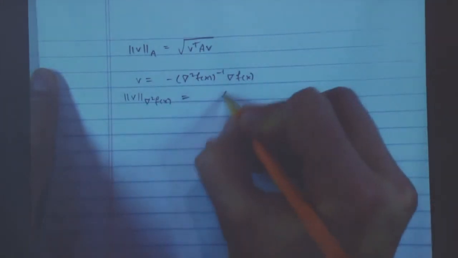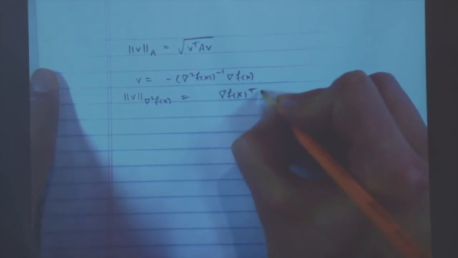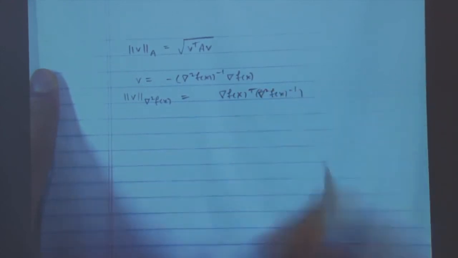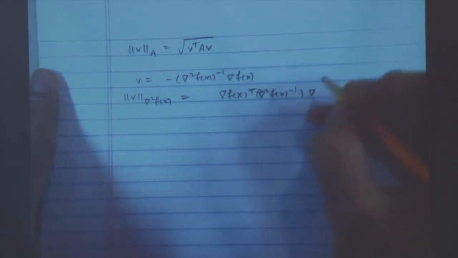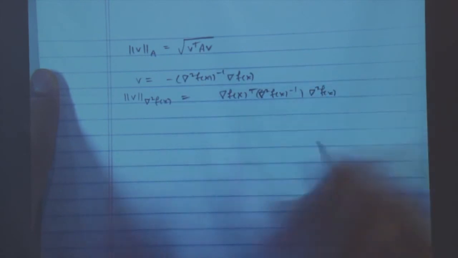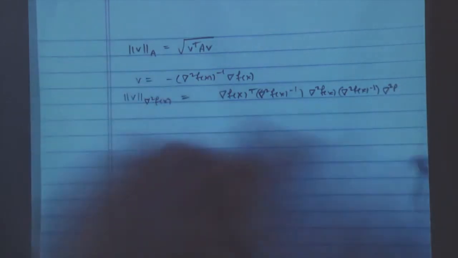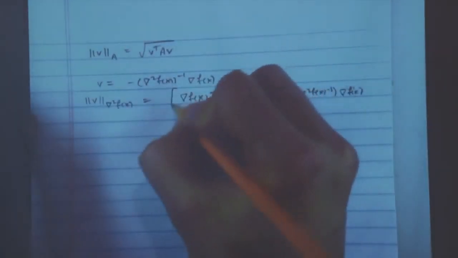then this is going to be the gradient of f of x transpose. So I'm just doing v transpose here, which is the inverse Hessian, times A being the Hessian, times v, which is, again, the inverse Hessian times the gradient. This whole thing to the 1/2.